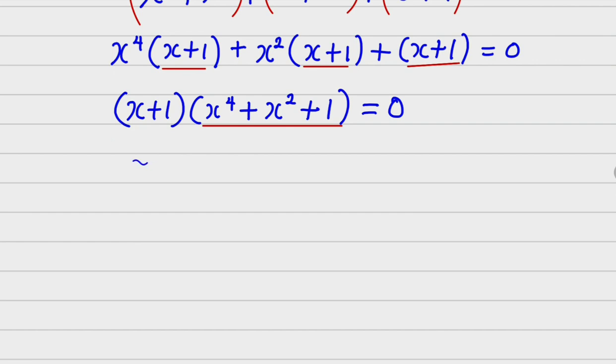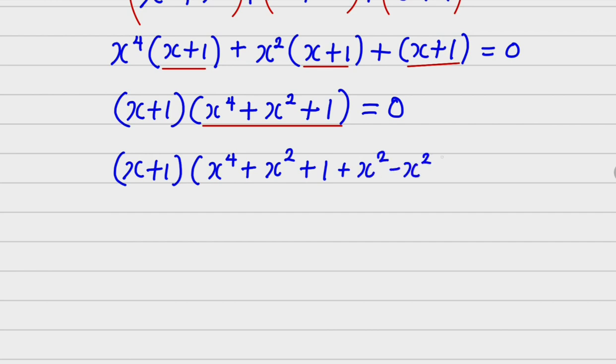Now, why not let me have it as x plus 1. Then I can have this as x raised to the power 4 plus x squared plus 1. Then minus, or I can have plus x squared minus x squared, close the bracket, is equals to 0. I haven't changed anything.